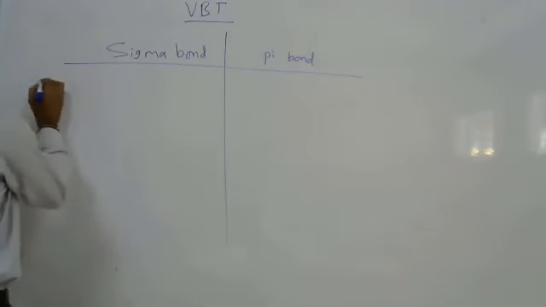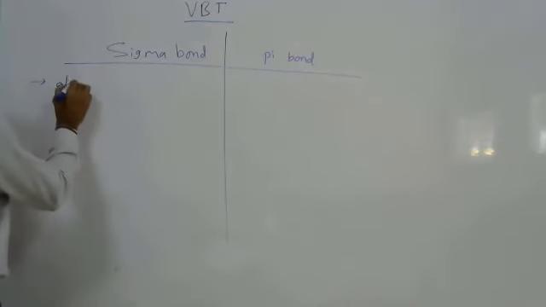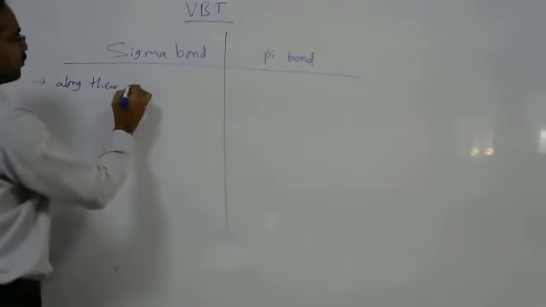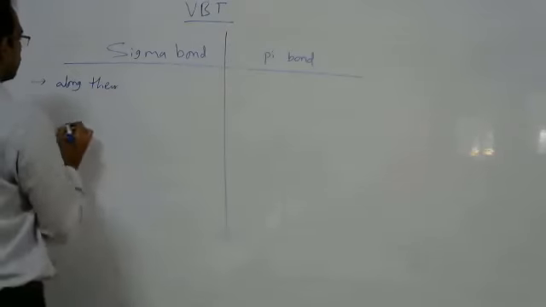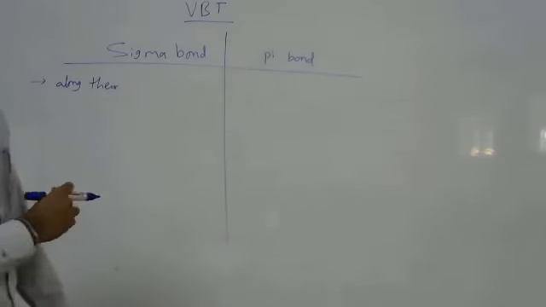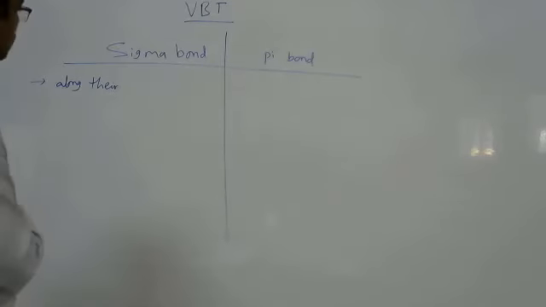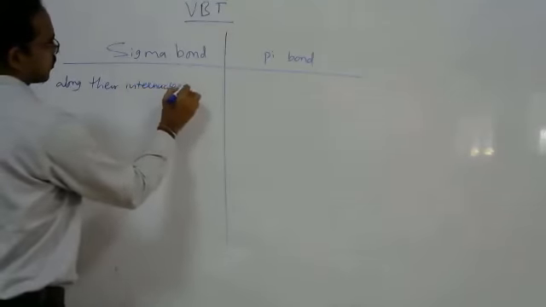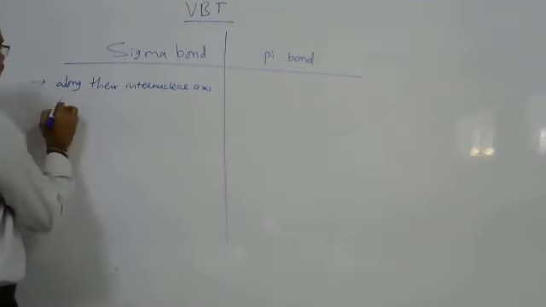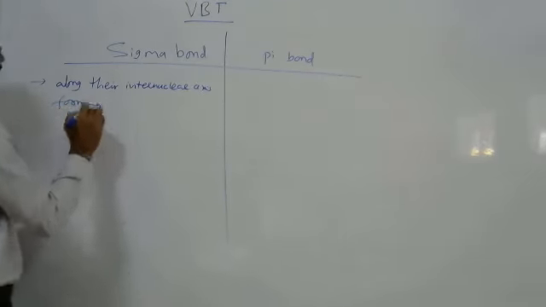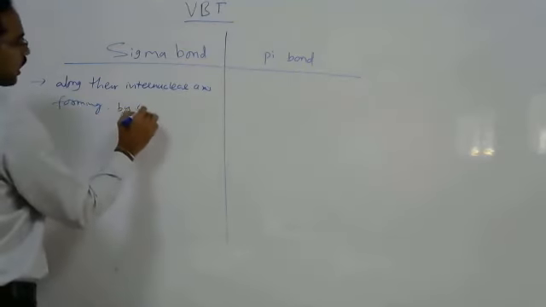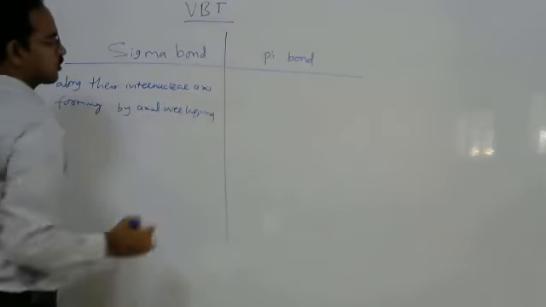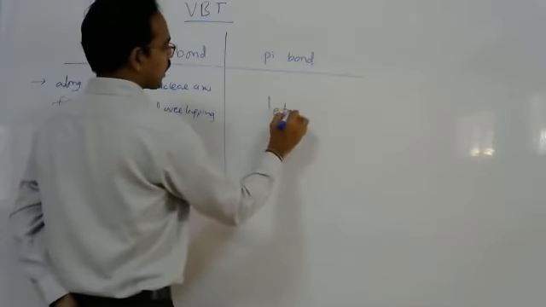First, sigma bond is formed along their internuclear axis, forming by axial overlapping. This one, lateral overlapping.